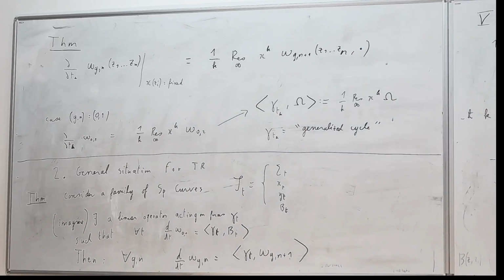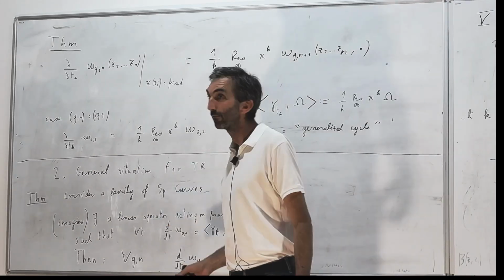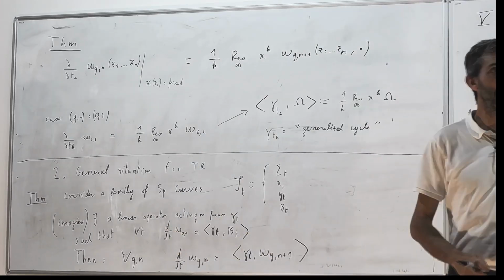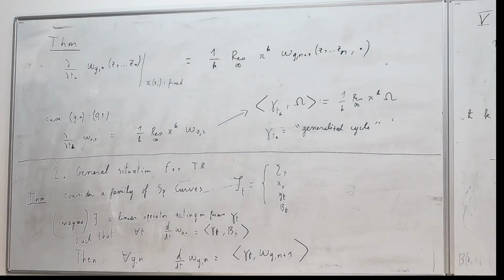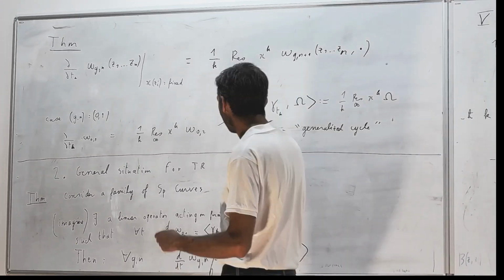Okay, and in fact, how do you prove this theorem? You prove it by recursion, of course. So you have to first study what happens to the derivative of k, and use the fact that k contains b and omega 01.